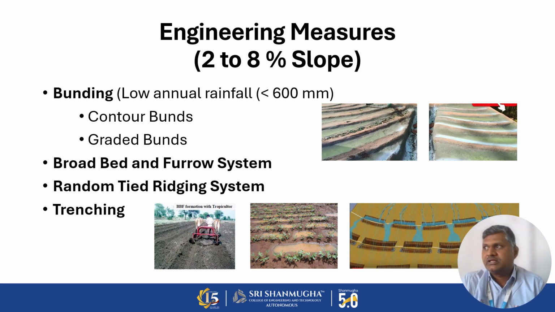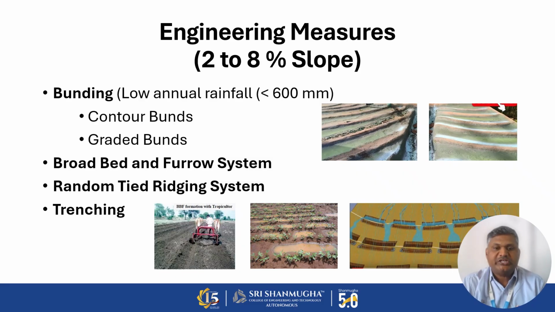We adopt this type of structure in dryland agriculture, where rain is the only source of irrigation, so we make pits randomly on the land. When rain occurs, these pits carry and store the water, and the stored water is used for irrigation of the nearby crops. This is also a soil and water conservation measure, and simultaneously it conserves the soil. This is called random tide ridging.